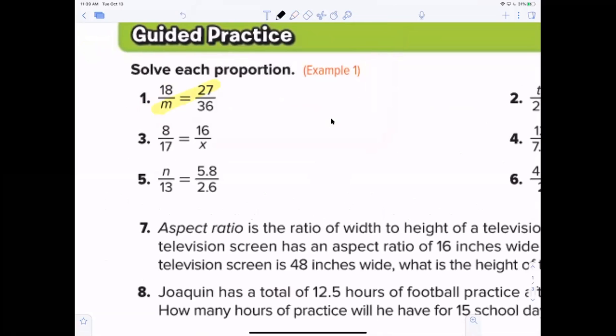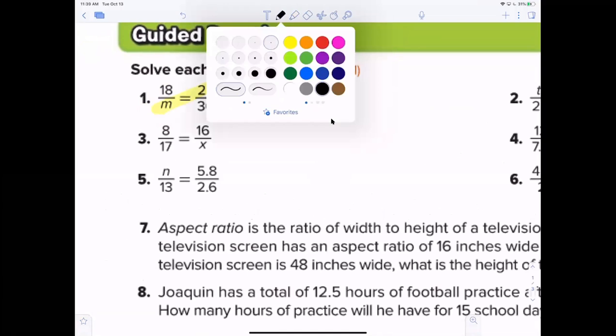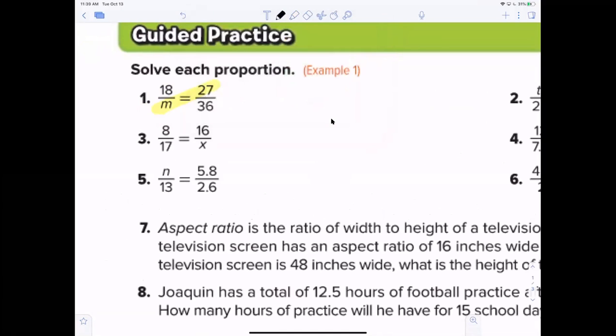So you're just going to write that as 27m. So 27m is equal to, now you're going to multiply 18 times 36. All right? And what is that, 648? 648.